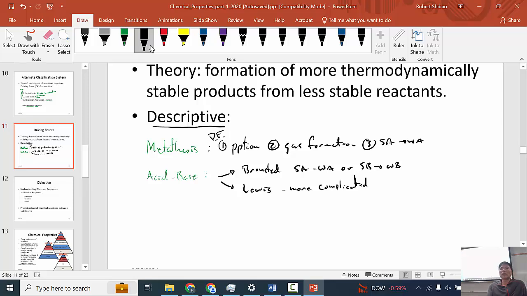The reason Lewis is more complicated is because there are many more Lewis acids than there are Bronsted. In fact, all Bronsted acids qualify as Lewis, but not all Lewis acids qualify as Bronsted. So Lewis acids encompass the whole acid-base universe. So if this is the acid-base universe here, then Lewis defines all of them. Bronsted is just a small part of the acid-base universe, so Bronsted would be like this.